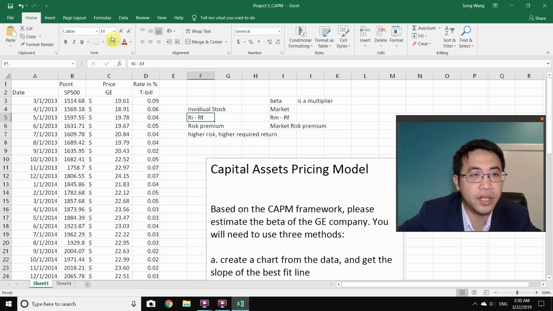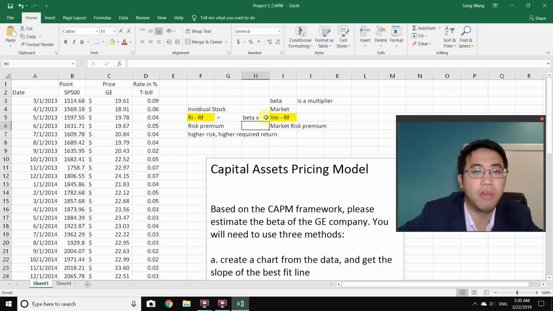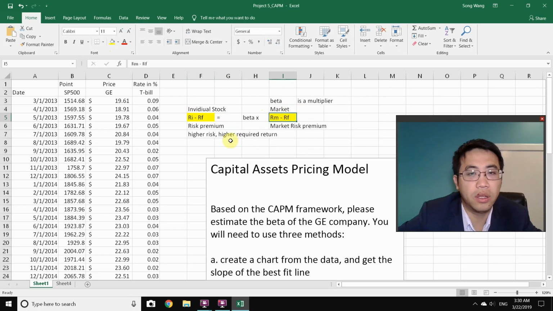So you have this individual risk premium on one side and the market risk premium on the other side. You want to make this equal to beta times this market risk premium. The idea here is if the market risk premium changes by 1%, the risk premium would change by beta percent.